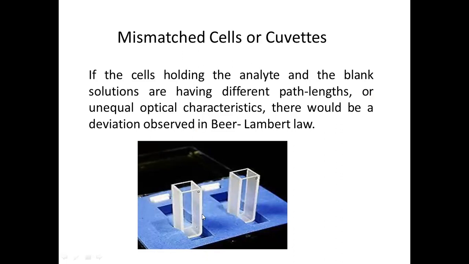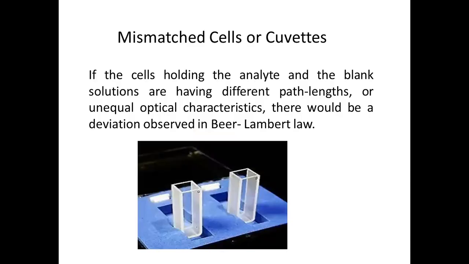Their transmission characteristics should be the same, and if these conditions are not followed, meaning if the two cells differ in their path length or their optical characteristics, then also we are going to get a deviation from the Beer-Lambert law.